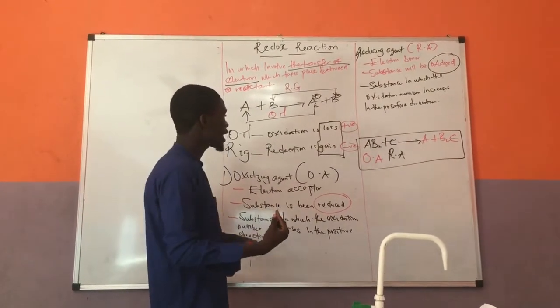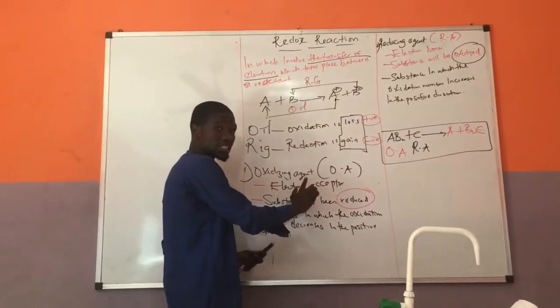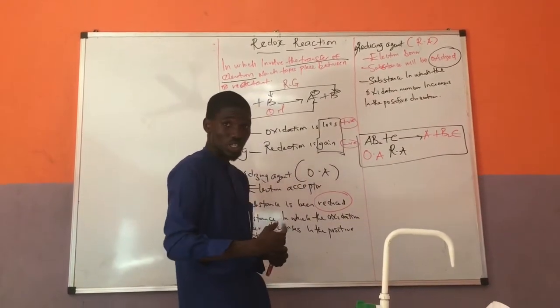So now let's take a look at another definition of OA, which is our oxidizing agent, and RA, which is our reducing agent.